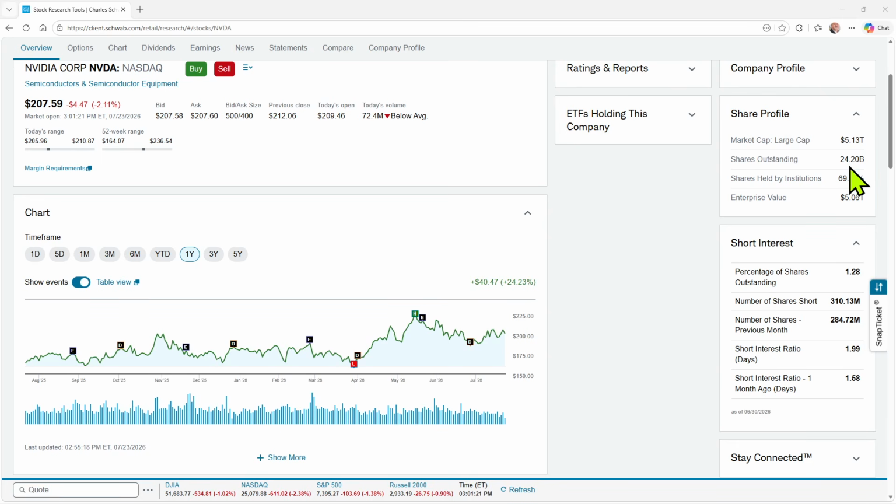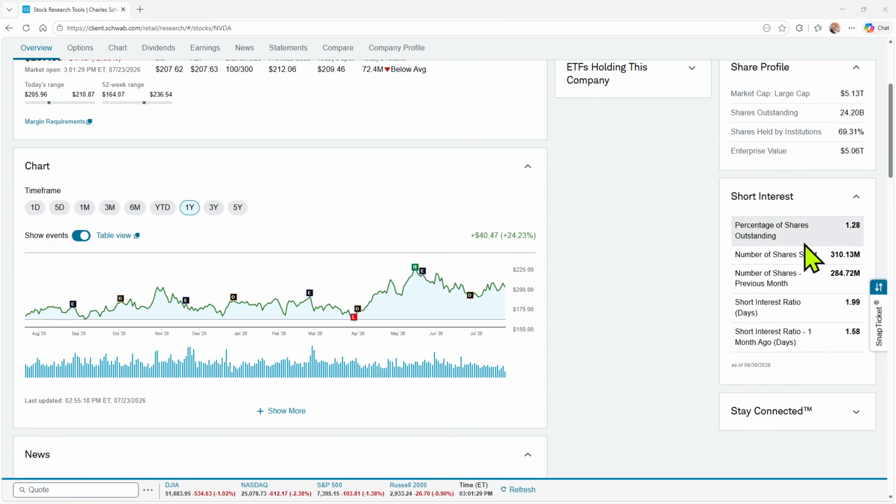Because the next thing that we need to do is look at the percentage of shares outstanding minus that information, those institutions, the insiders, the preferred shares, those types of things. So the percentage of shares outstanding outside of those characteristics is 1.28% in this particular case.